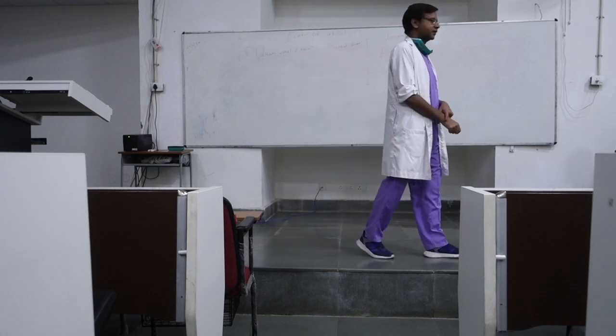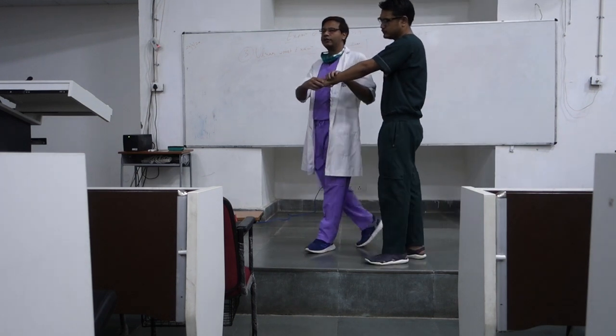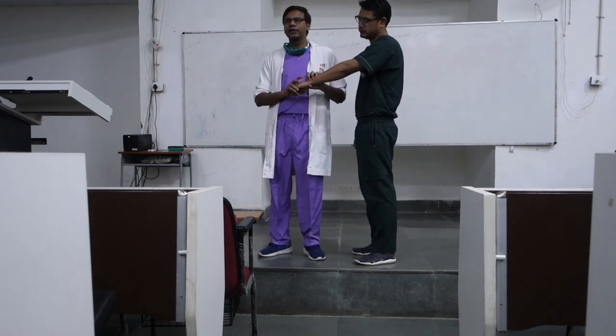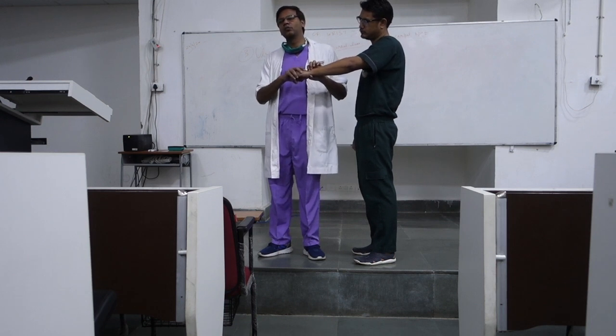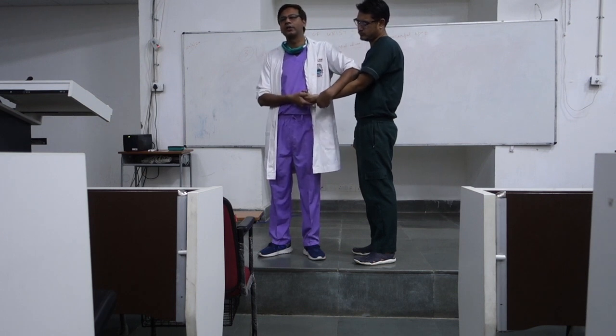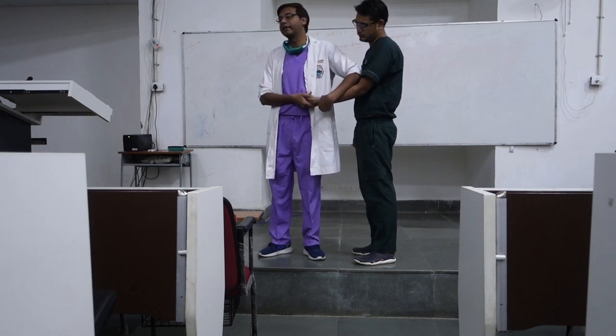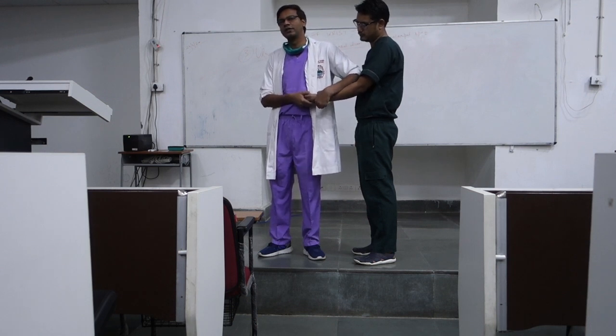The important thing is that this tendon, which I am holding, the ECU tendon, is more ulnar in the pronated position of the wrist, while if I supinate the wrist, it becomes more central. This is the beauty of the anatomy of the ECU.